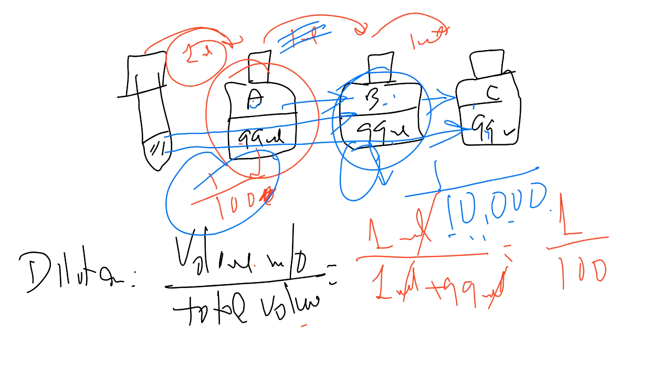Do you want this in scientific notation with the 10 to the something? You can, if you want to do that, that's fine. Definitely use scientific notation when it comes to CFUs per mil. So what you're saying is, instead of 1 over 100, if you want to use 10 to the minus 2, you can do that.